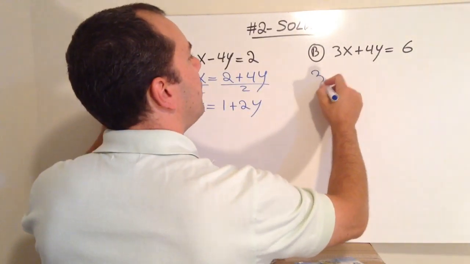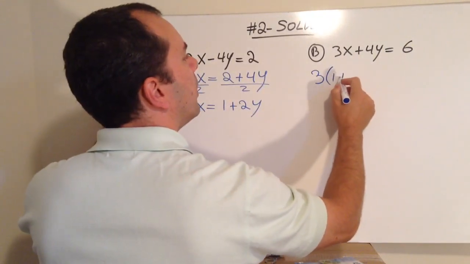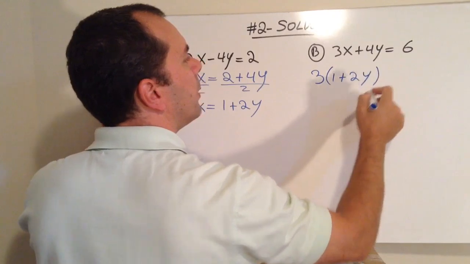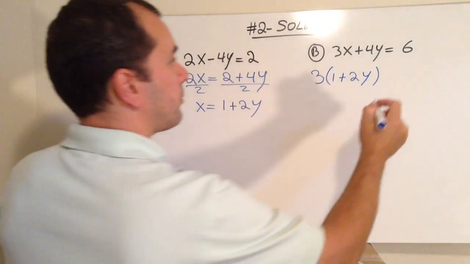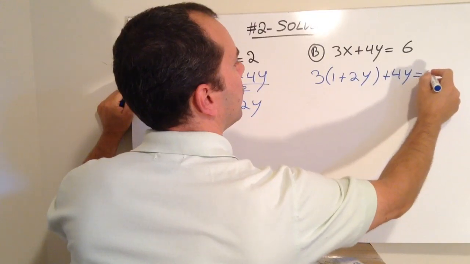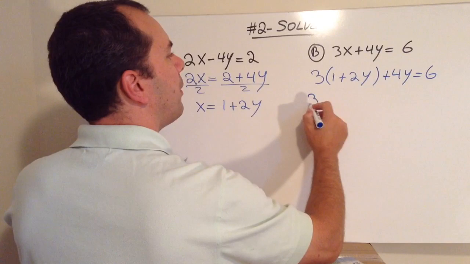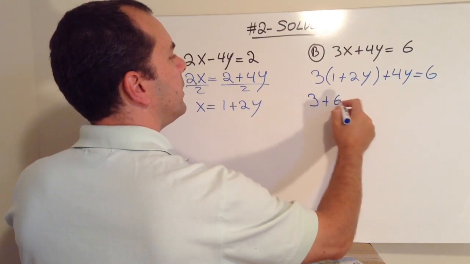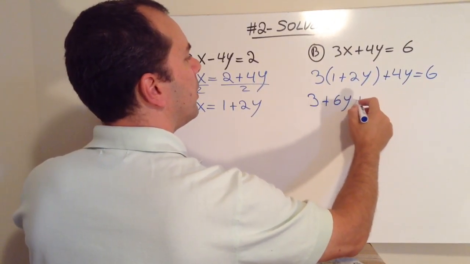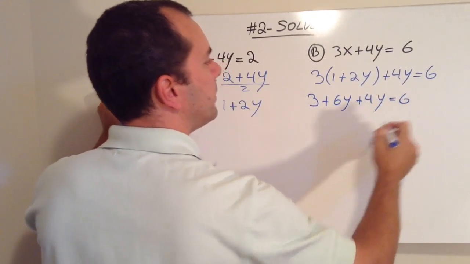So we have 3 bracket, my x is 1 plus 2y, and then I'll just copy the rest. Plus 4y equals 6. Okay, so we'll multiply this inside. 3 plus 6y plus 4y equals 6.